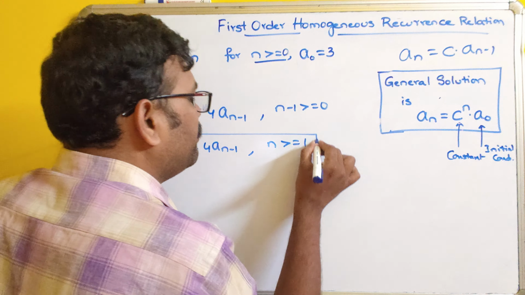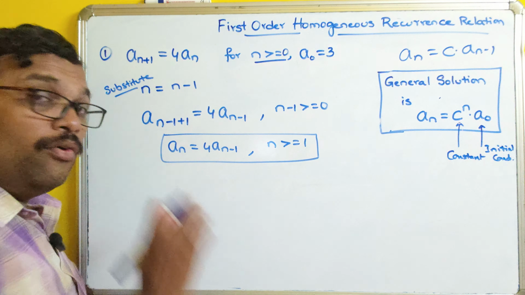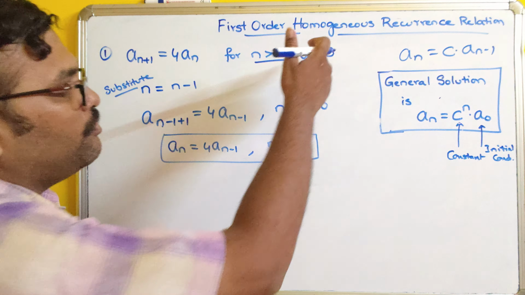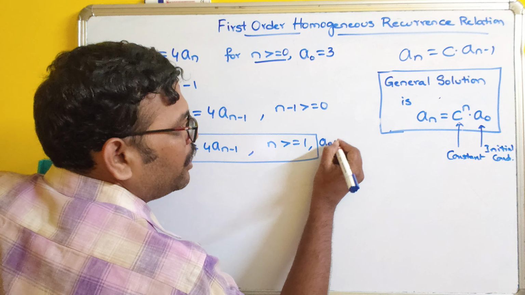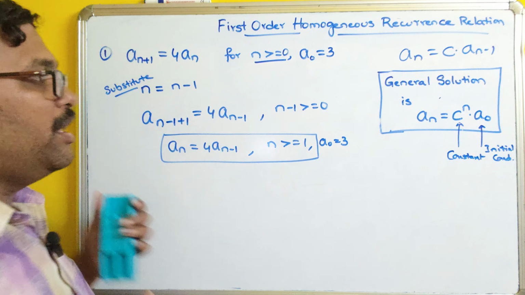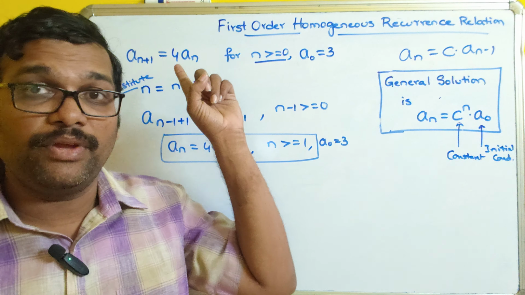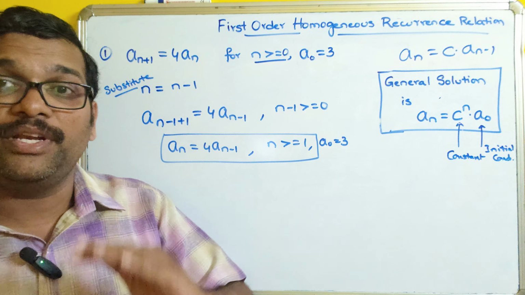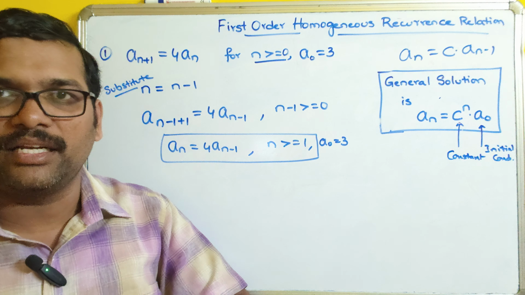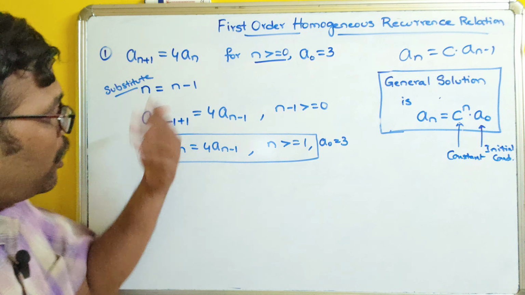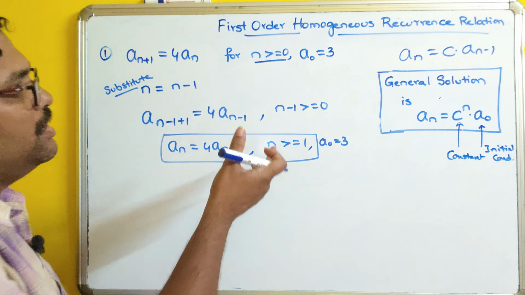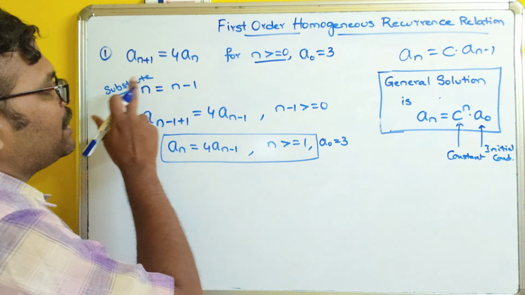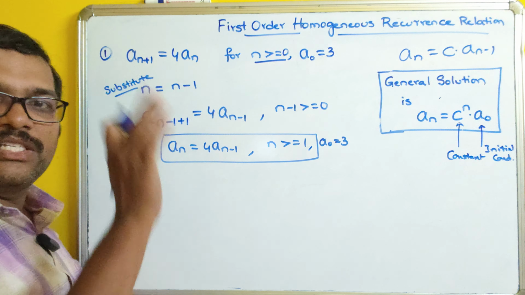So this will be in first order recurrence relation form. Now we have to solve this one with the initial condition a0 equal to 3. Initially, whatever we got in this problem is not in first order recurrence relation form. First we need to make it a first order recurrence relation, then we have to solve it. So in order to do that, we are substituting n with n minus 1.